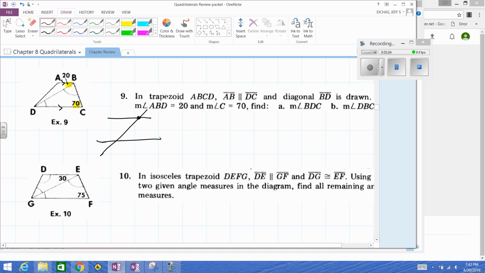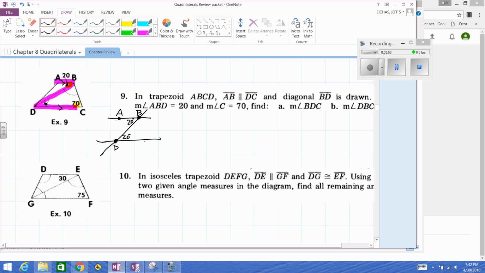So this is angle B, we'll call that A, B, and then this is D over here. We're going to try to isolate this a little bit. If you just focus on this, what you have is this 20 is alternate interior to that angle there, which is also going to make that 20.